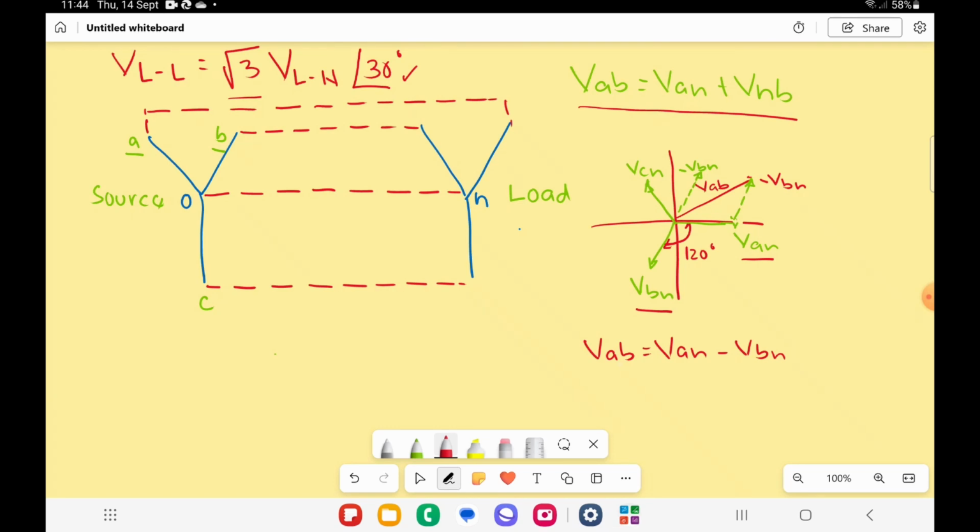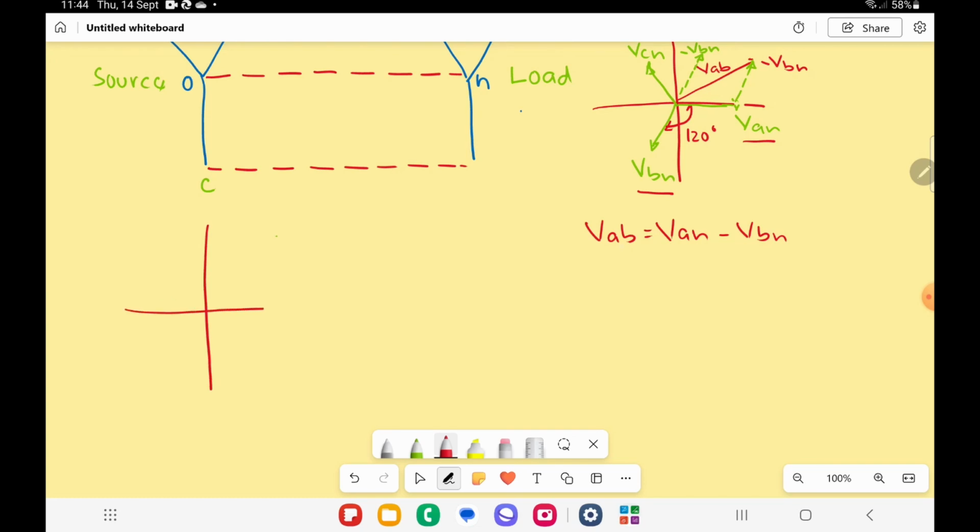So let's try to manipulate the phasor diagram by drawing a perpendicular line from the midpoint of voltage VAB up to the endpoint of voltage VAN. In that case, it will create an identical right triangle.